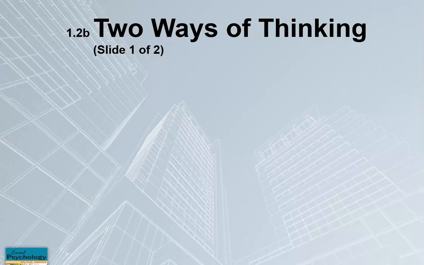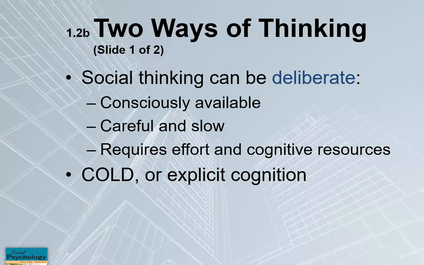We're going to talk about the two ways of thinking. Social thinking can be when we are deliberate, consciously available, careful, and slow.